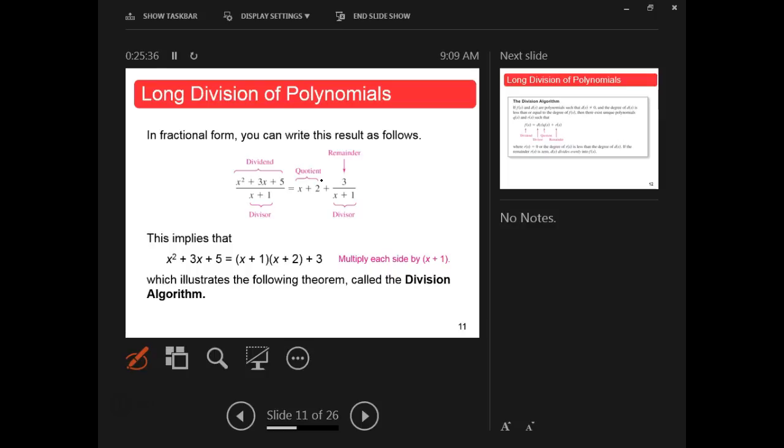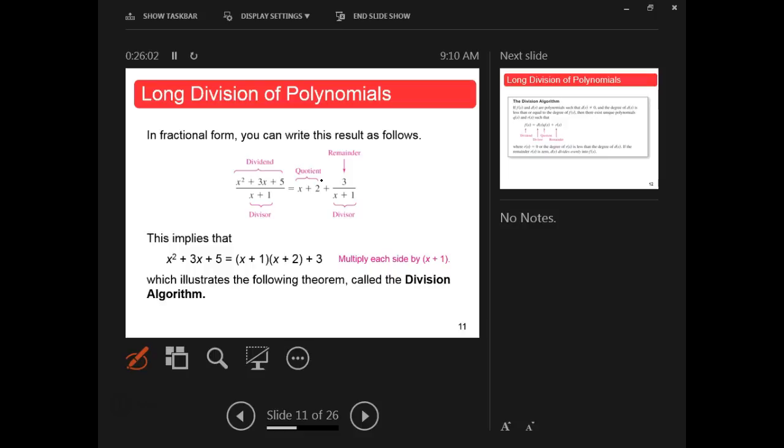And that's how we used to check our long division, wasn't it? If you made your long division and you came out with a quotient and a remainder, you multiply the quotient by the divisor and then added the remainder to it. If you got the dividend, you got it right. Same thing here. The dividend is the divisor times the quotient plus the remainder.